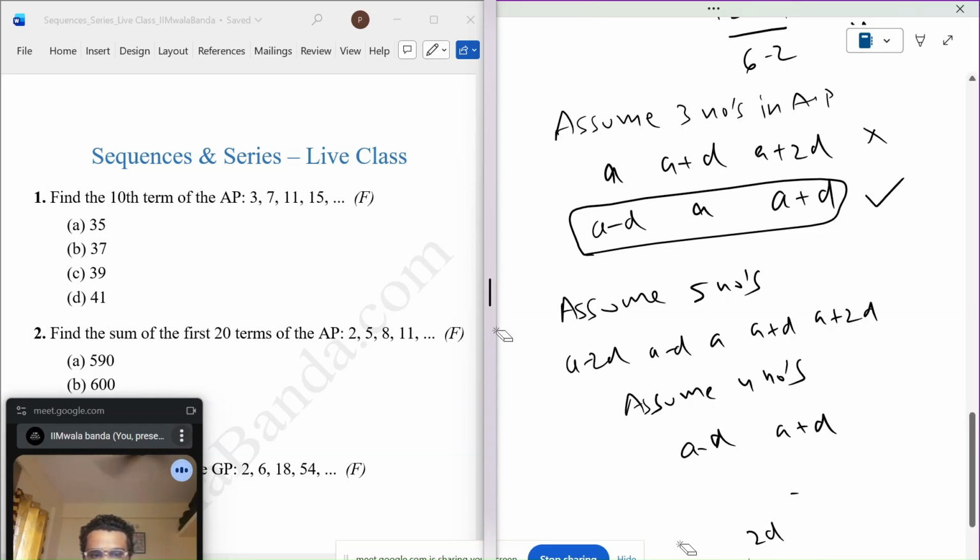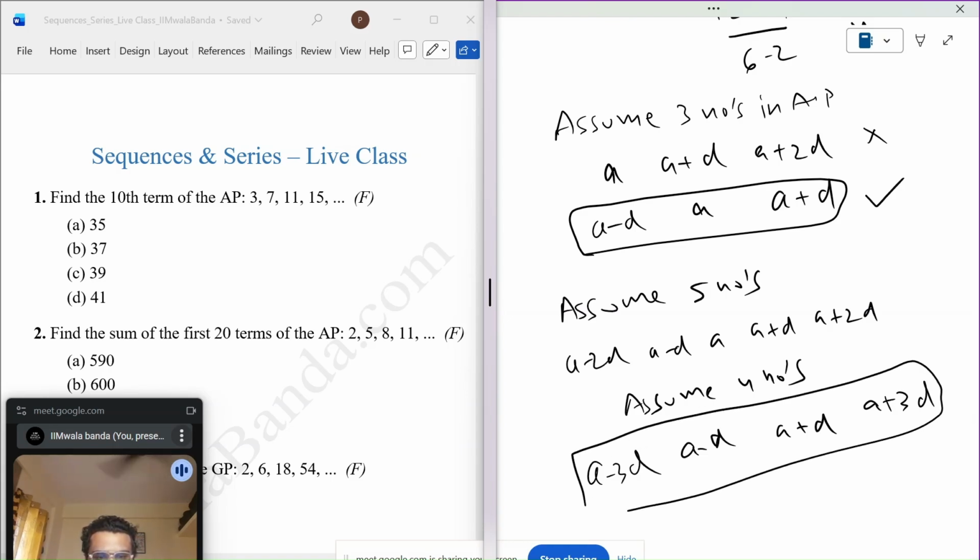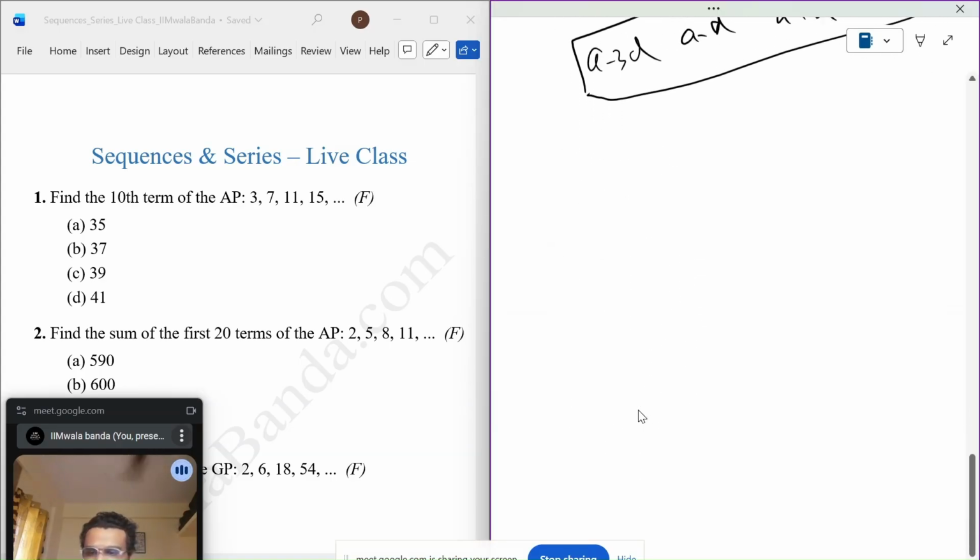So the difference is 2d, and similarly go on the two sides as this and this. It doesn't come automatically in your mind. That is why we understand these frameworks, because most of the questions get easily solved. So these two you can note down, and I won't call them memorizing. If you understood the logic behind it, it will come automatically in your mind. So this is all about AP.